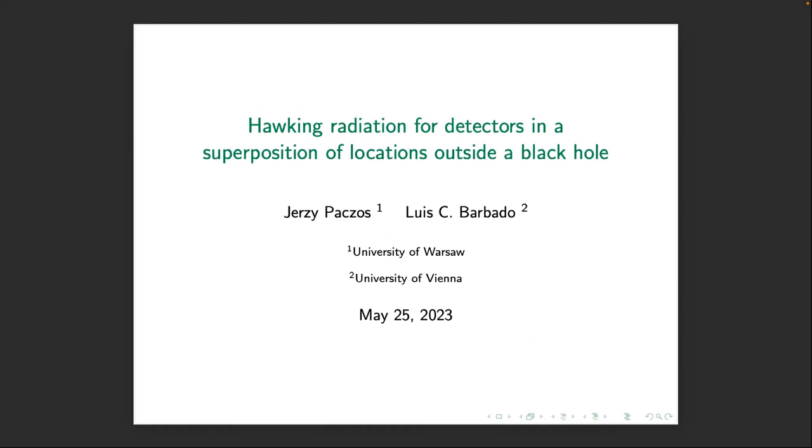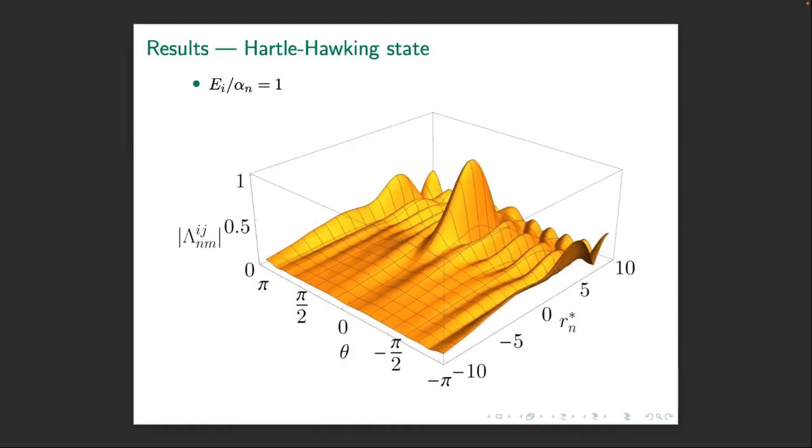And this is what we get when we consider Hartle-Hawking state and the ratio equal to 1. So we see that we have a single peak in the middle. This corresponds to Rn equal to Rm and theta equal to 0, which means that the trajectories n and m are in fact exactly the same trajectory.